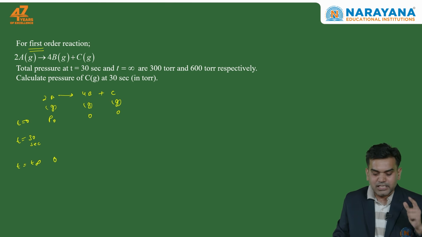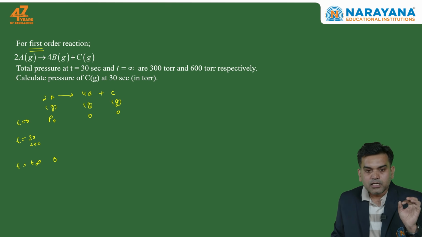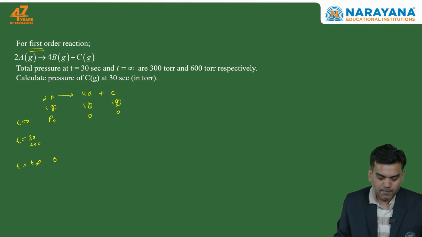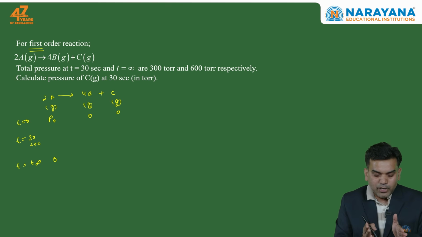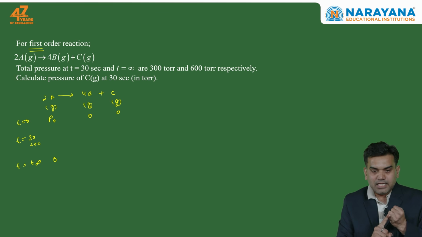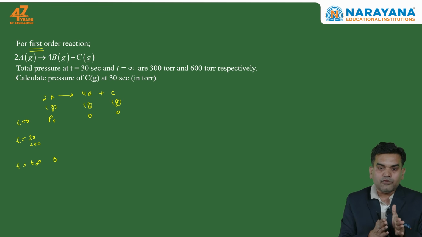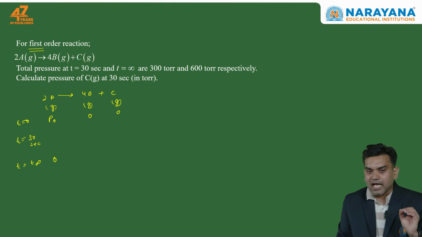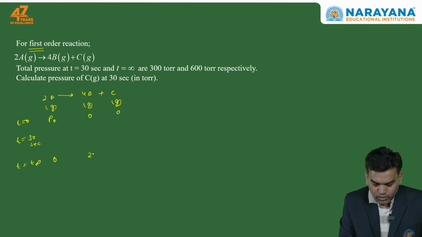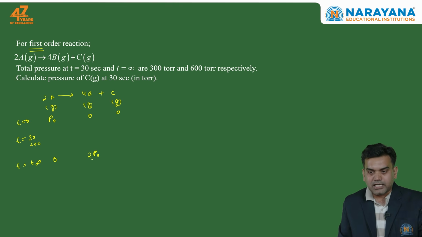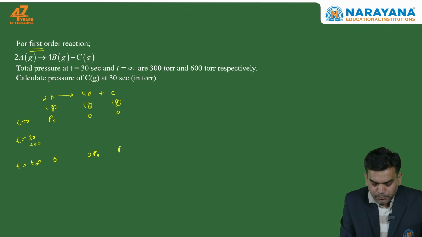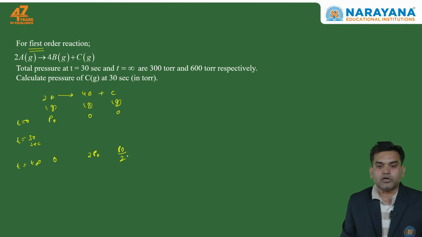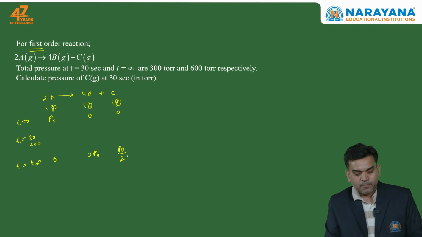So if initially I had P naught amount of A, from the stoichiometry of the reaction I can say 2A is giving 4B. It means 1 mole of A will give 2 moles of B and half moles of C. So if I have P naught amount of A in the beginning, this will give 2P naught amount of B at T is equal to infinity and P naught by 2 amount of C at the end.